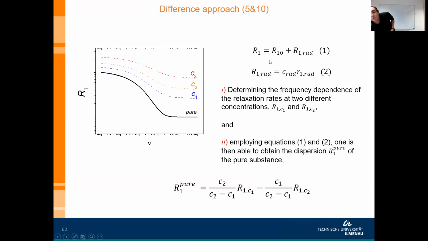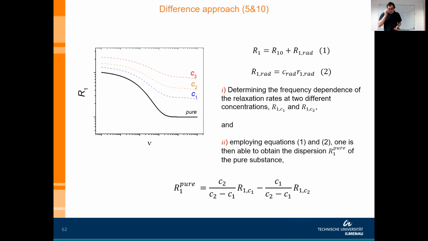If you determine these 2 curves and combine these 2 equations, it's very, very simple, you can get the pure relaxation without the influence of the paramagnetic species, or the electron, or the radical.